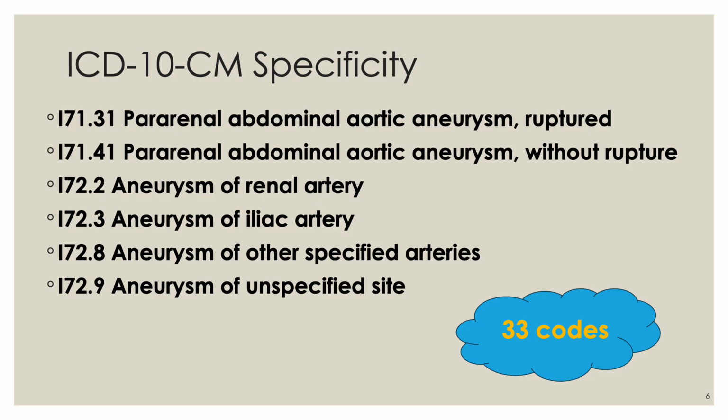And the I-72 code category is going to, as you can see, be a lot more straightforward, just aneurysm of where? The renal artery, the iliac artery, other specified arteries if you're sure.